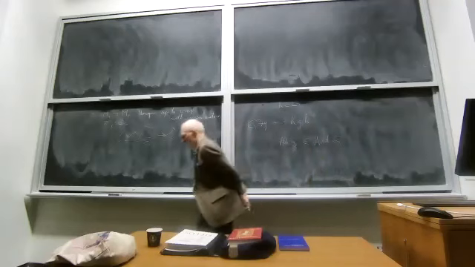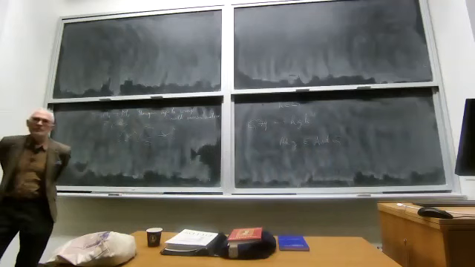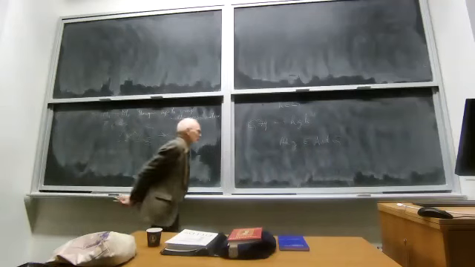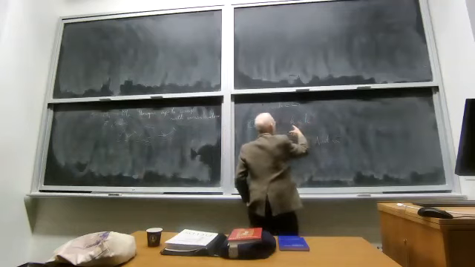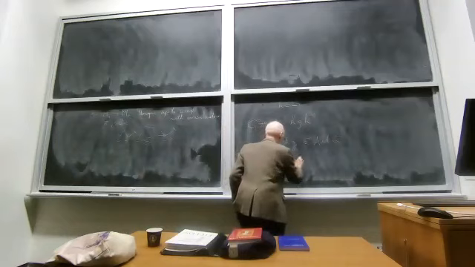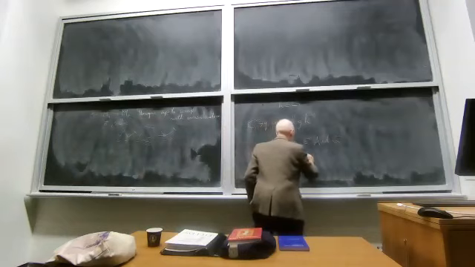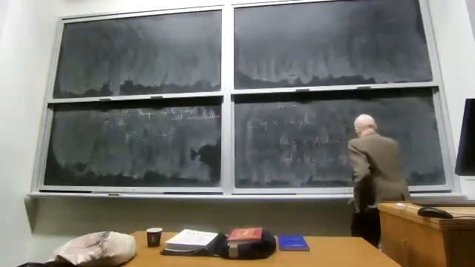Capital A, Ad g. Little ad is a notation for taking the commutator. This is the multiplicative operation. But if you have an algebra and you have ad x and apply this to y, then by definition that's xy minus yx.